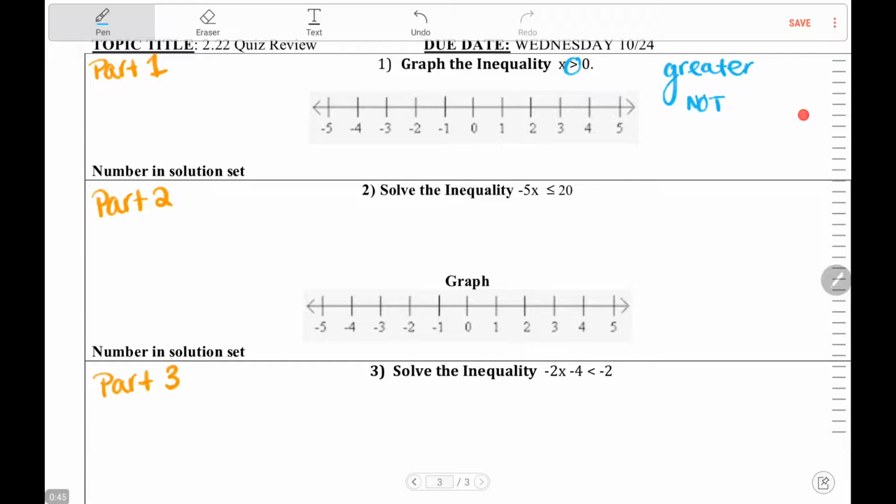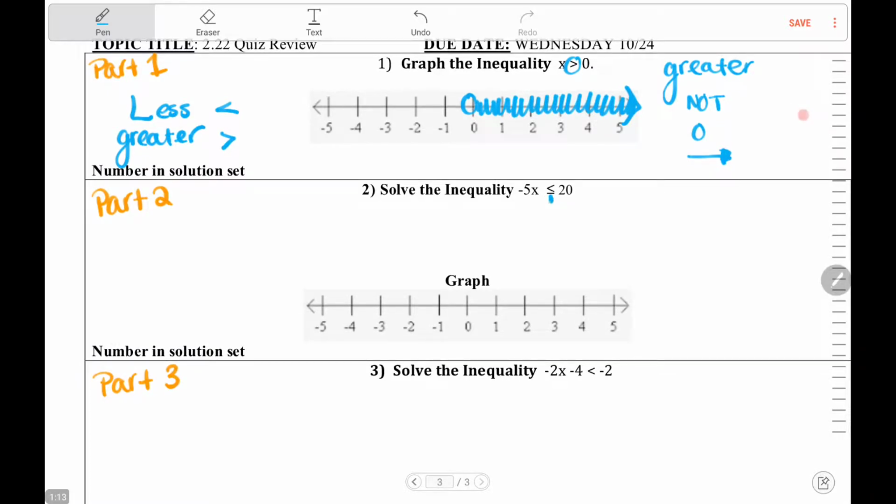So that means it is an open circle on 0, and we shade greater, which is to the right. Okay, so what you really need to study there is knowing the difference between your greater and less than. Remember, if it forms an L, it is less. And if it is the opposite way, it's greater.